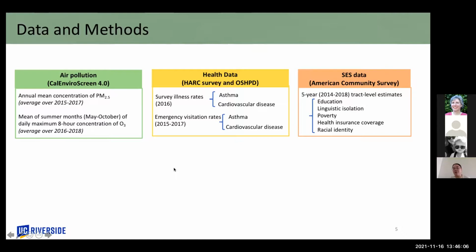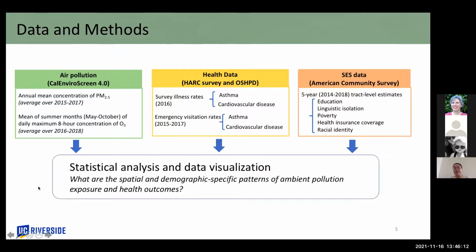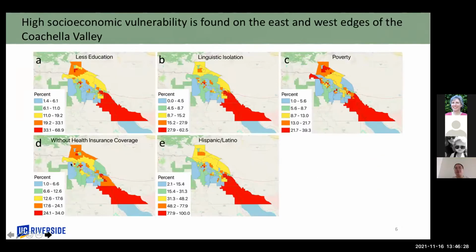So with these different datasets, we are able to conduct some statistical analysis and also data visualization to examine the spatial and also demographic-specific patterns of the air pollution exposure and also the health outcomes. So here are some major results that we have by now.